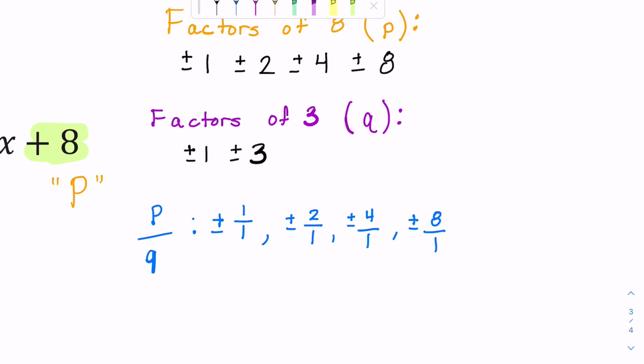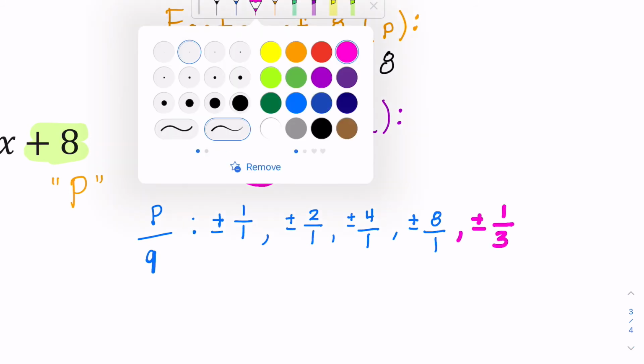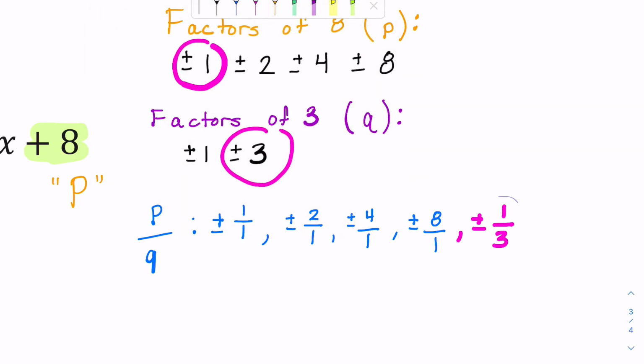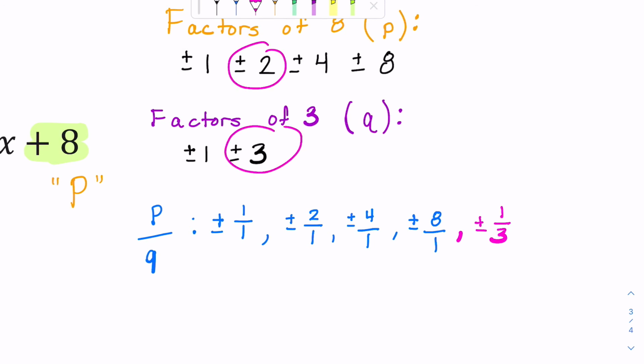Then I'm going to start again and list all of my values with 3 as the denominator: plus or minus 1 over plus or minus 3. Next, plus or minus 2 over plus or minus 3.